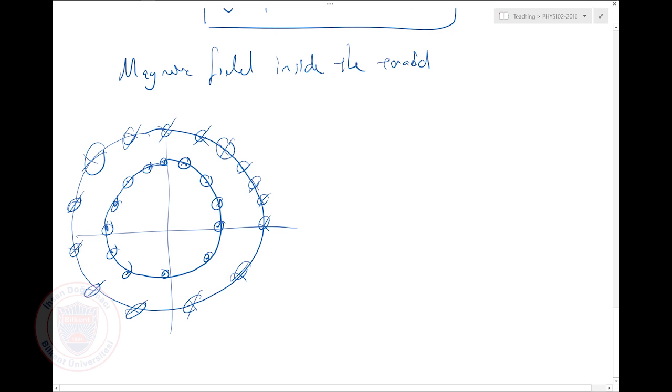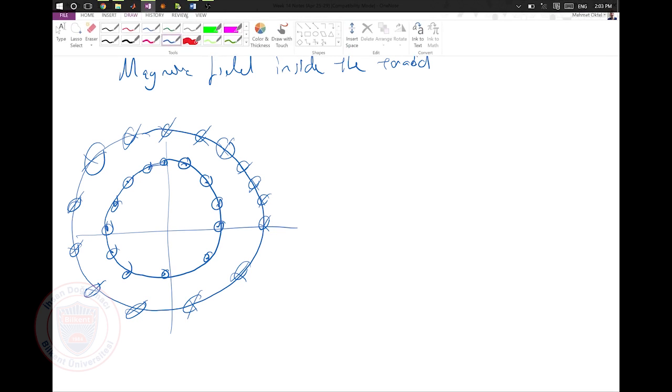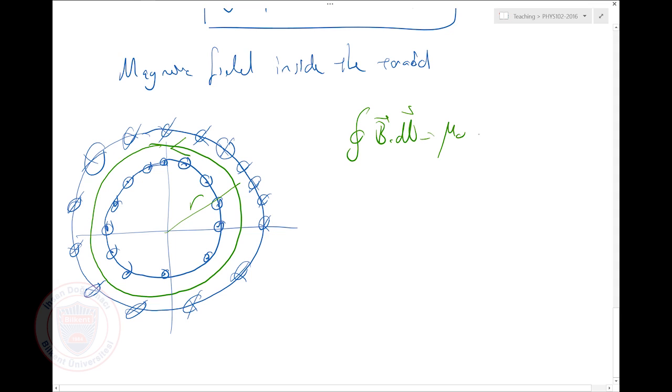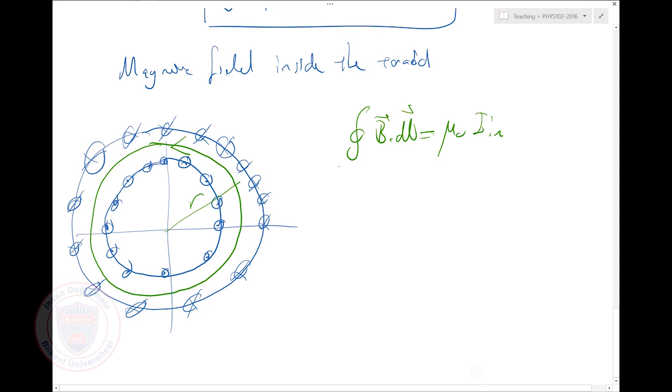Now, how do I calculate magnetic field inside? Well, it's not too hard. I take a nice Ampere loop of radius r. So I'll say the integral of B dot dl is mu 0 times I in. Again, by just symmetry, B dot dl I can write as 2 pi r times B magnitude.